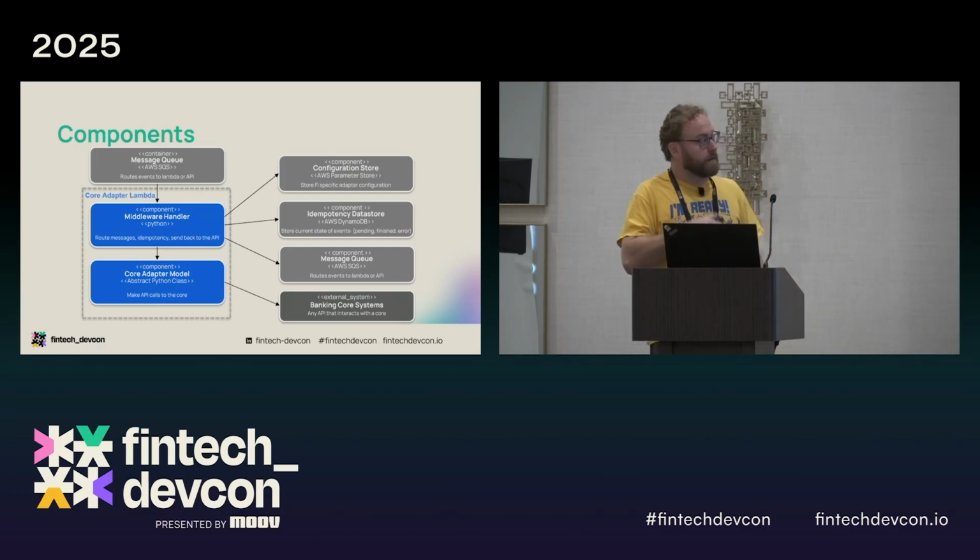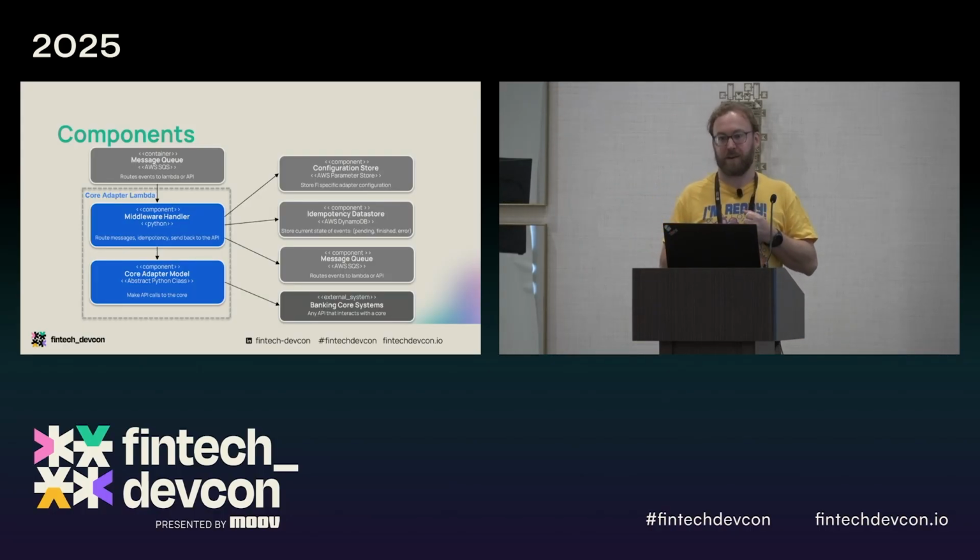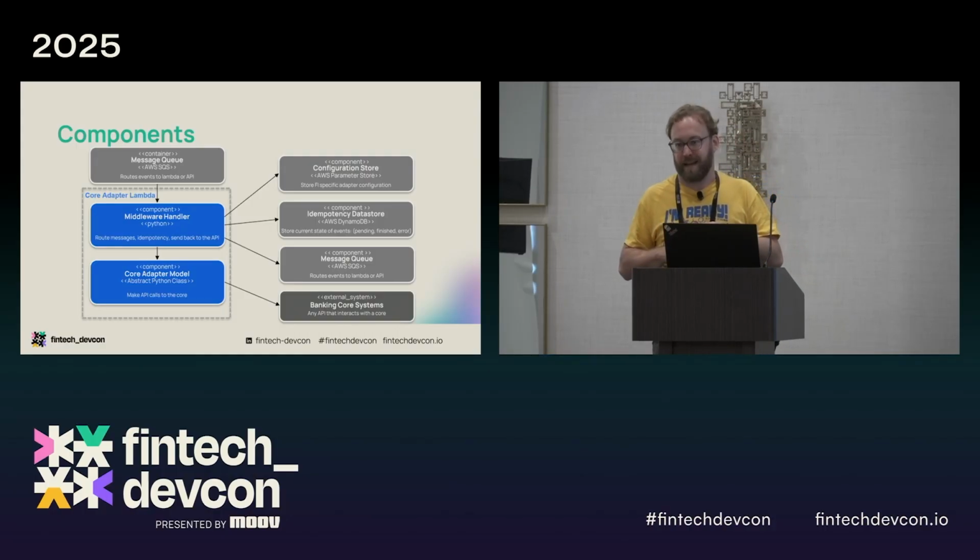In the middleware handler, when it pulls configuration from the store, it pulls everything under the bank's name, turns it all into a dictionary, and glums it all together so that you have a single config. Then it passes it to a Pydantic model, a config model that's checked and confirmed that, oh, you should have transaction codes, or that's not a valid API key, or things like that.